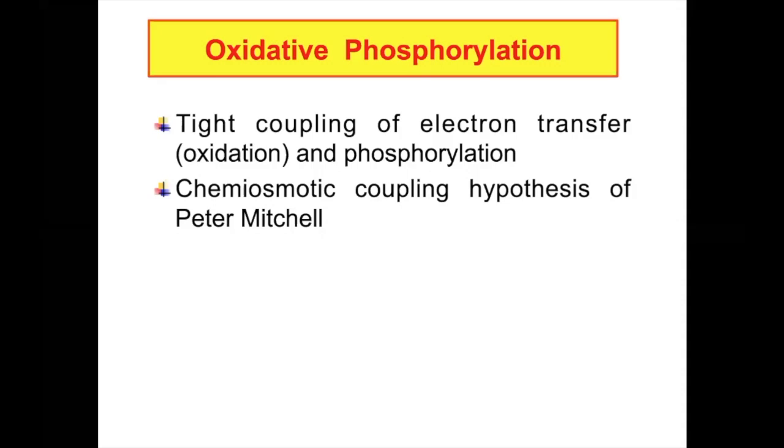And this hypothesis states that there is a tight coupling of the transfer of electrons and phosphorylation. So there is a tight coupling of electron transfer, which is oxidation, and phosphorylation. So this hypothesis is known as the chemiosmotic coupling theory.